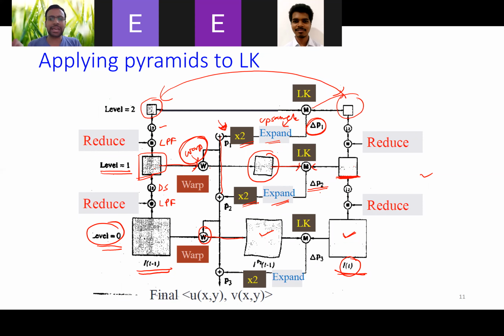Your displacement earlier might be 10, right? Now, after you come to the next level, it comes closer. You are compensating for the displacement, so the displacement you could expect is now only a few pixels or subpixel.